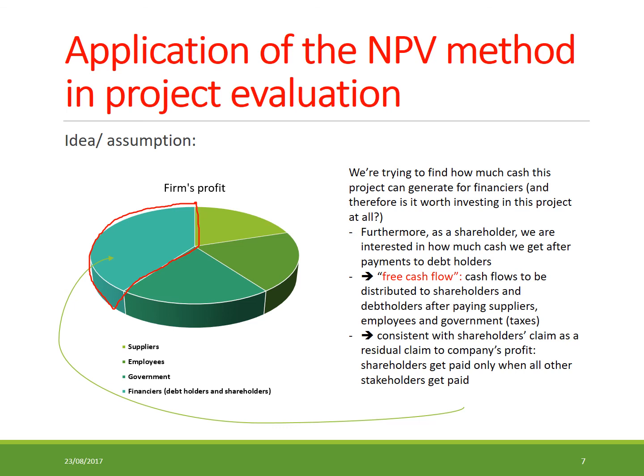Free cash flows are cash flows distributable to shareholders and debt holders, being the financial suppliers. These are the shares of the suppliers, the employees, and the governments. So we want to work out how much the financial suppliers get out of the firm's cash flows.